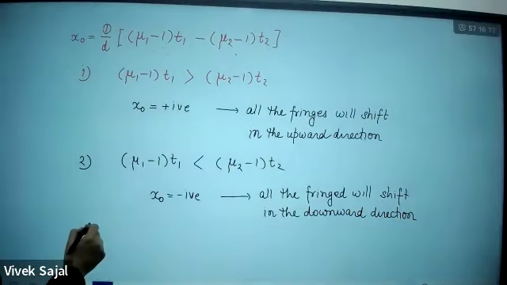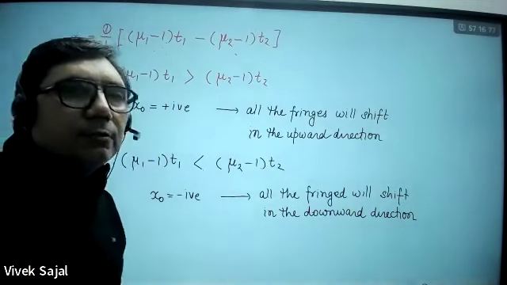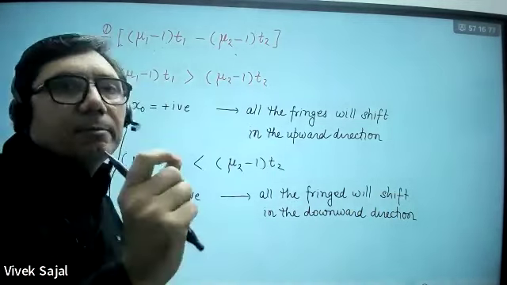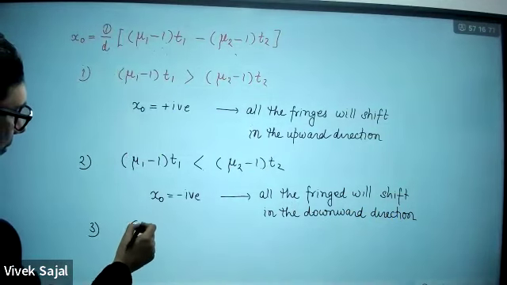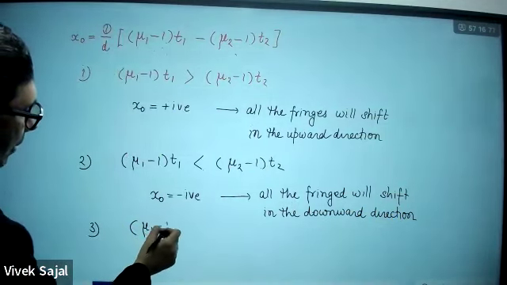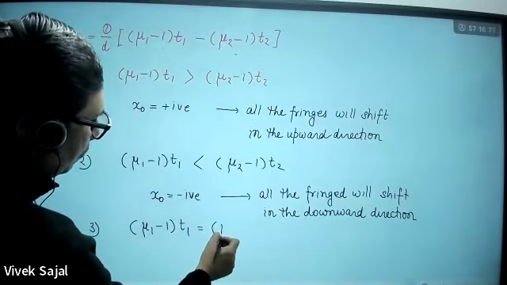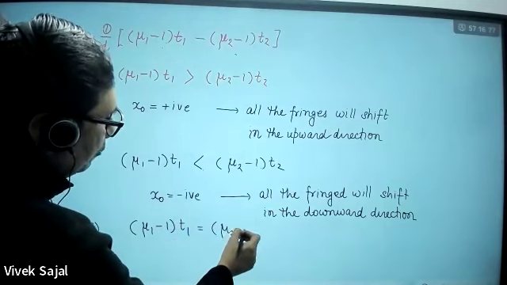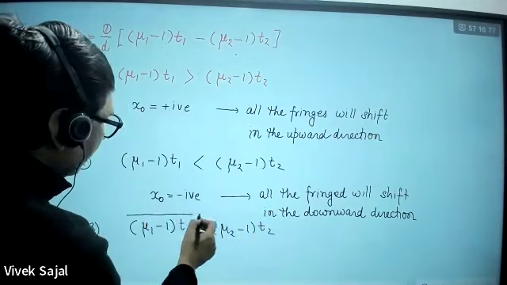Okay, a third case may be there, if they are both equal. Whatever extra path is introduced by one, the same extra path is introduced by two. The third case may be mu1 minus 1 into t1 equal to mu2 minus 1 into t2. You can get a numerical on this condition. This is an important condition.